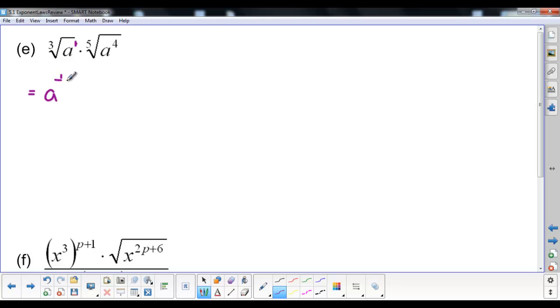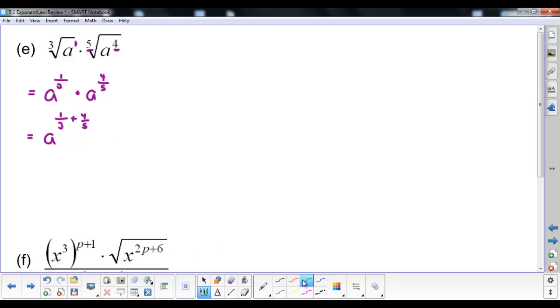So our exponent would be a to the power of 1/3, and that's being multiplied by a to the power of, again, numerator and denominator, so 4 over 5. Now that we're at this point, we have the same base, so when we have the same base in multiplying, we'll keep the base and then add the exponents.